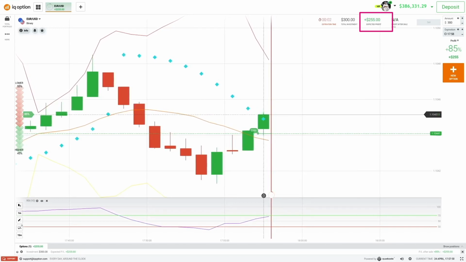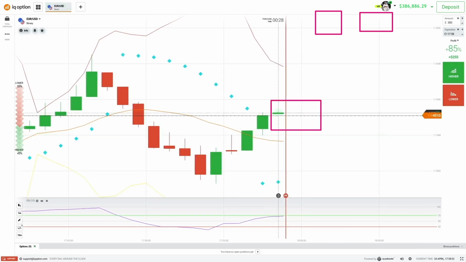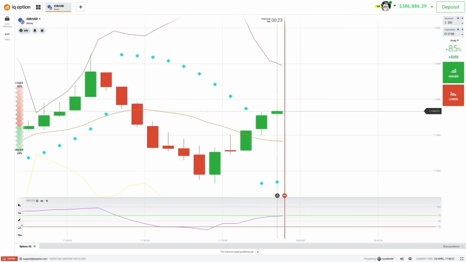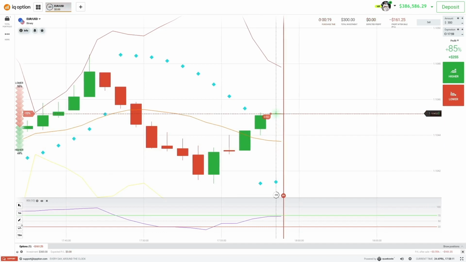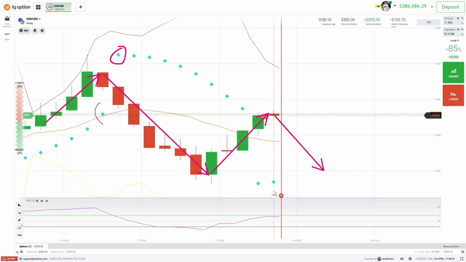Yeah, so I guess that's it. $255. Let's open the last trade. Of course, this one is going down, so look at the pattern. It's a pattern. You need to know what you're doing.